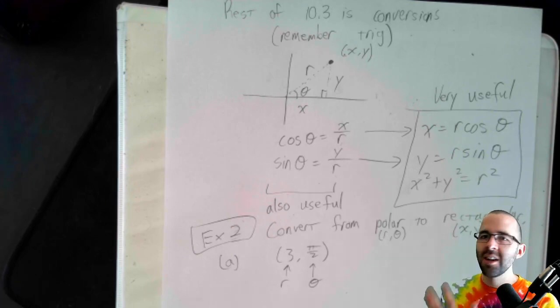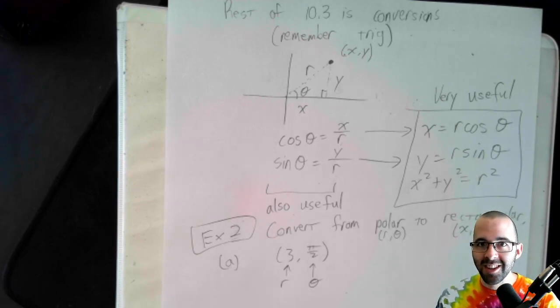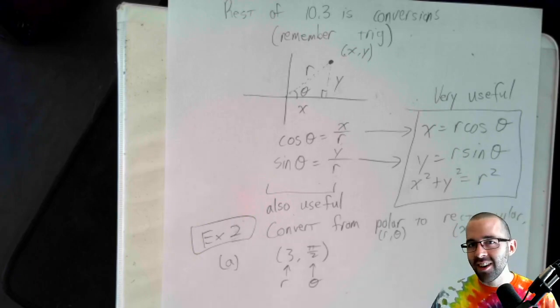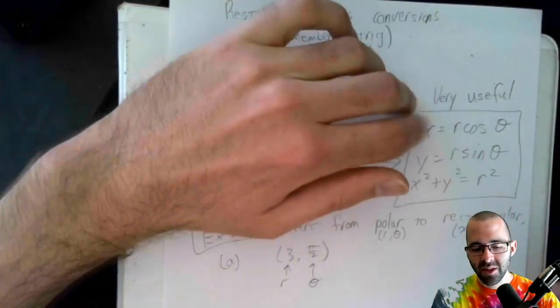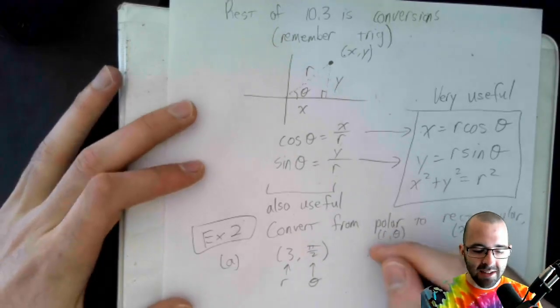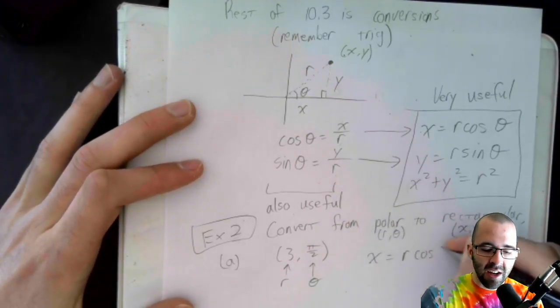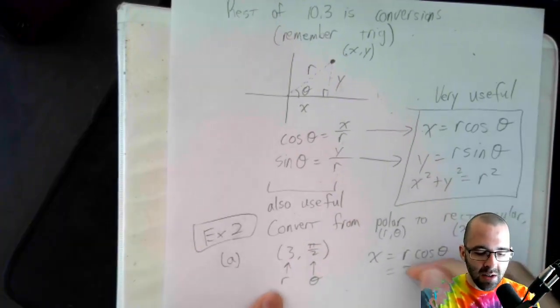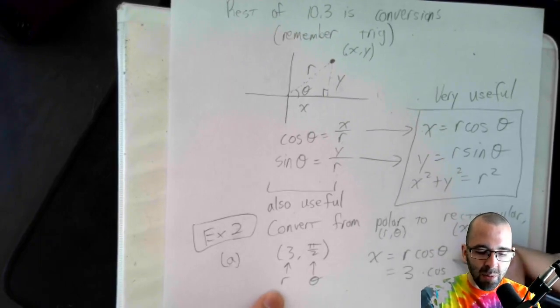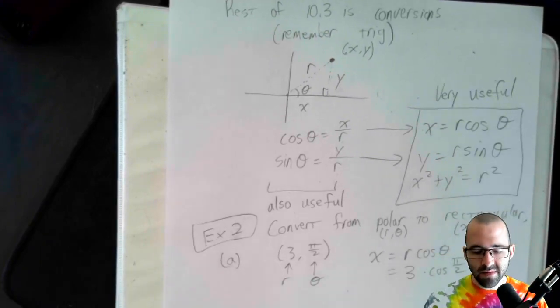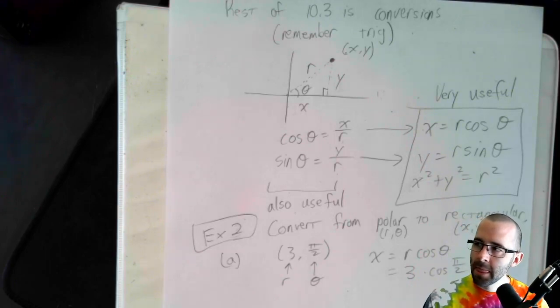If only we knew a very useful equation that related x, r, and theta. And of course, we do. So x is equal to r cosine of theta, and r is 3. Theta is pi over 2. All right. We can do it this way.